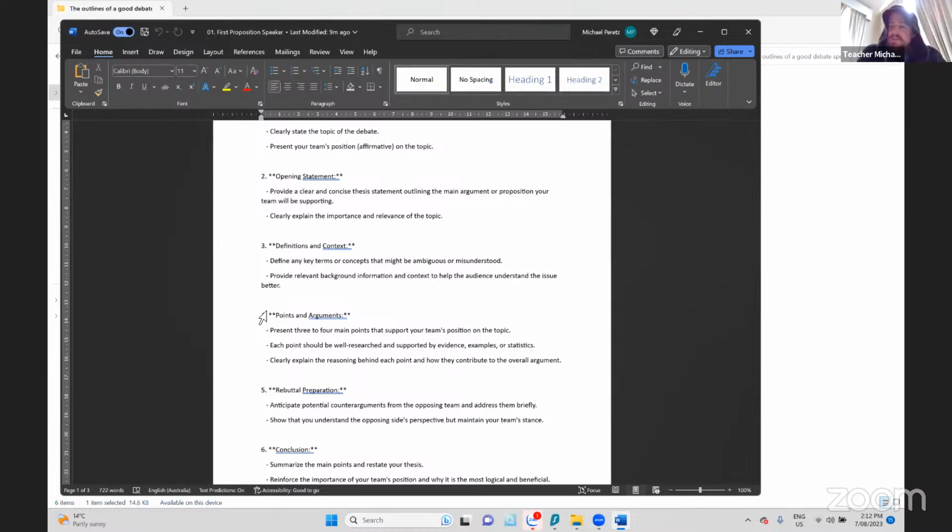You want to make sure each point is well researched. And of course, I always go on about this: we want to make sure that there's lots of evidence, examples, and statistics to make our case as strong as possible. And then we want to clearly explain the reasoning behind each point and why that makes our case stronger.